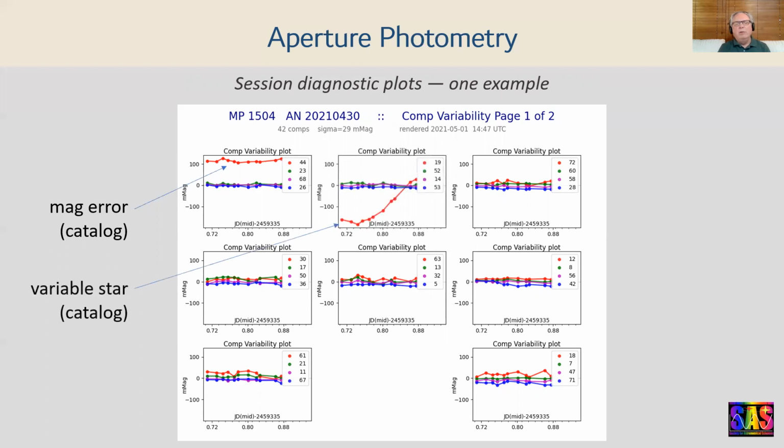This is a variable comp star that was not marked as such in the catalog. Now, we do call out in the initial automated screening all the stars marked as variable. Those are removed, but occasionally you get a truly variable star that was not caught during the construction of the Atlas catalog. We get it here.